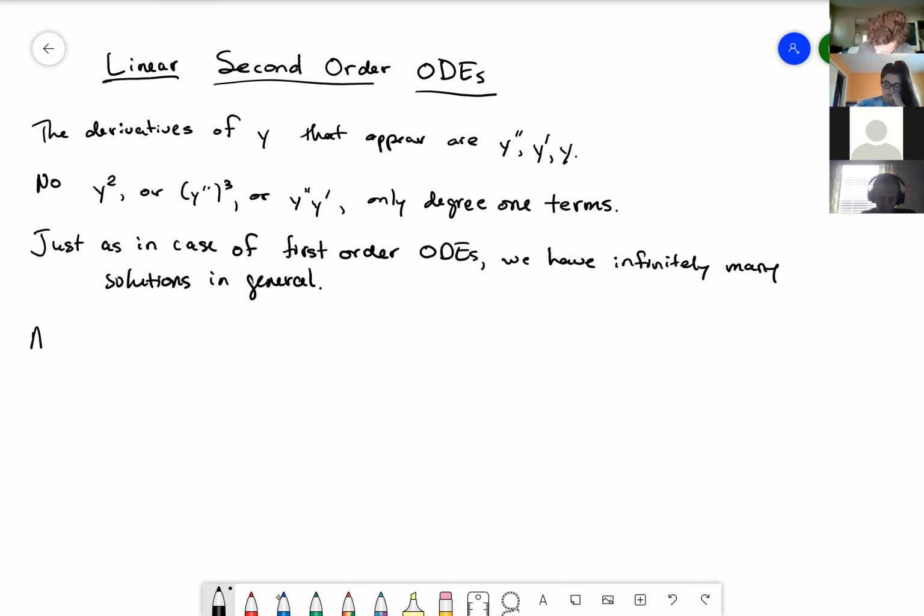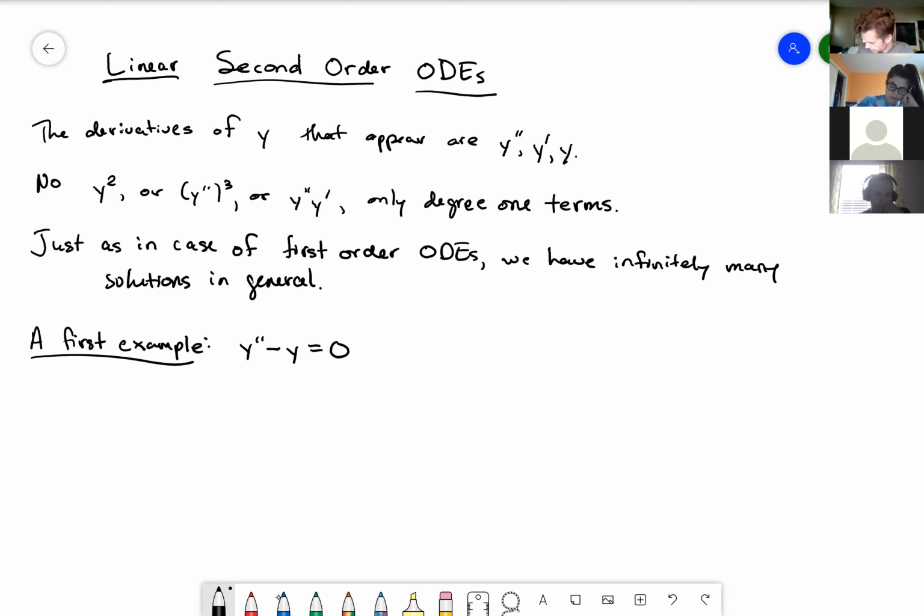So first example, very simple example, and one I believe that we've seen before. y double prime minus y equals 0. And so for this ODE, we could probably guess at some solutions.